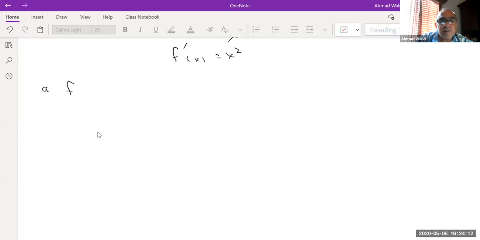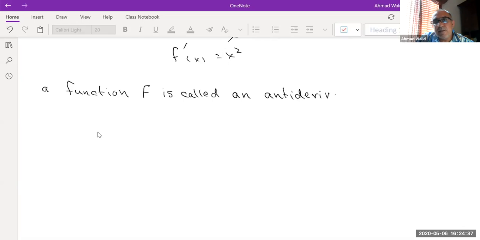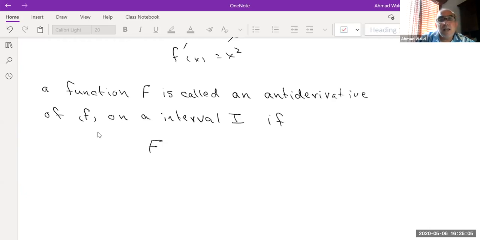A function capital F is called an antiderivative of f, lowercase f, or f prime, on an interval I, if F prime of x equals f of x.